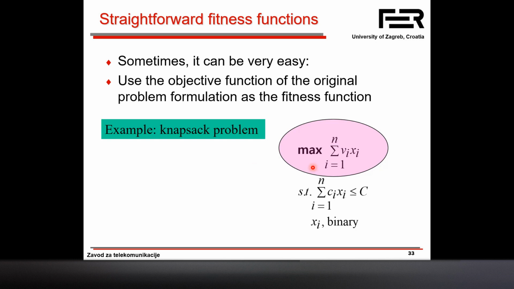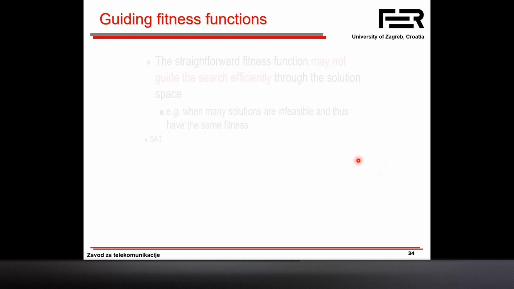So for each solution, if I tell you exactly which elements are picked, you can calculate the overall value. You can check if it's a feasible solution, so are the cost constraints satisfied? You can check the value and compare it with another solution and say, is it better or worse than another solution?